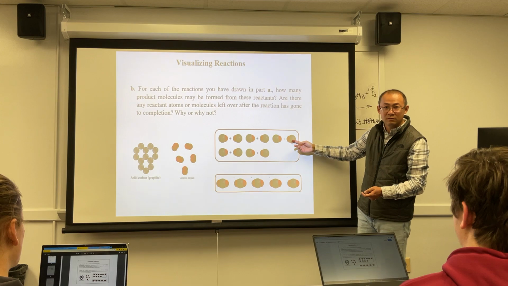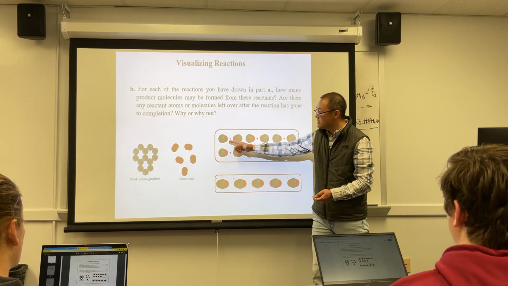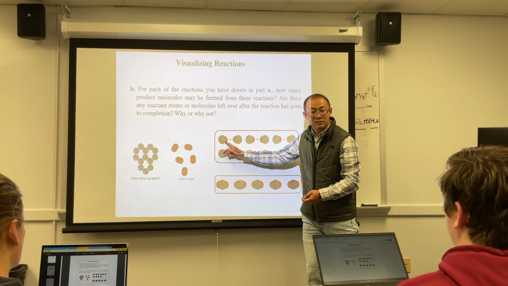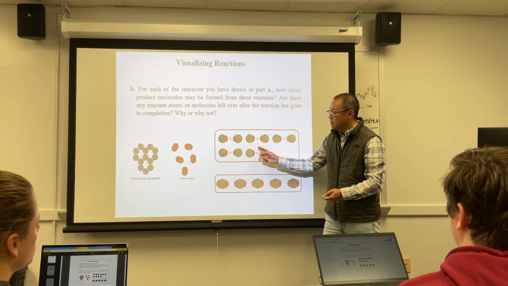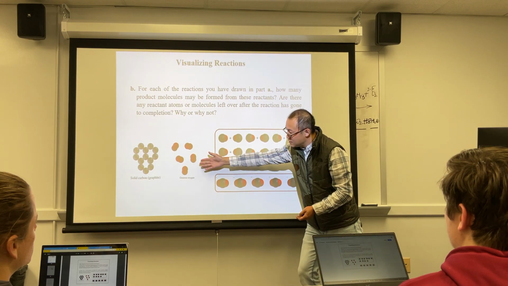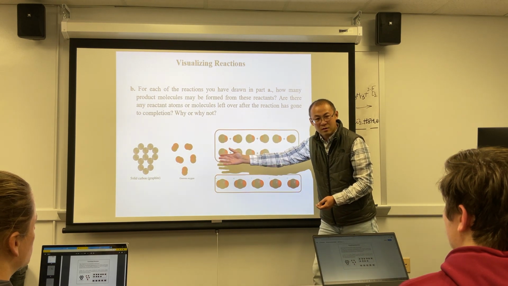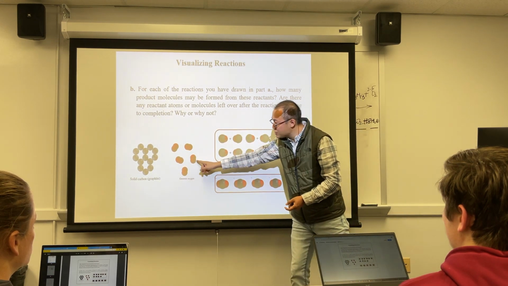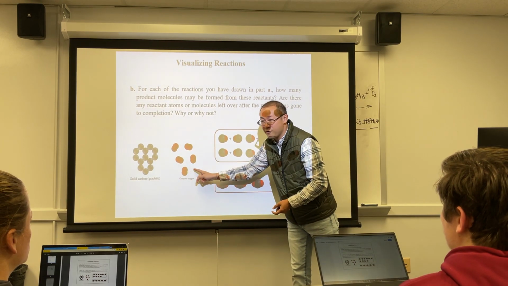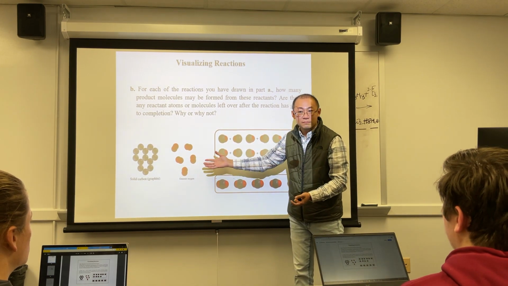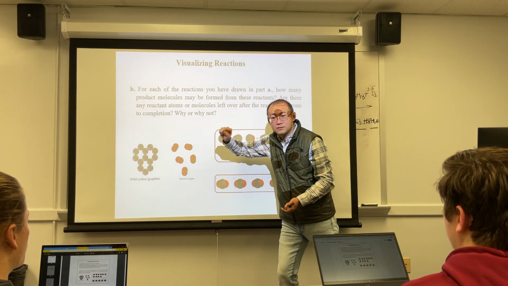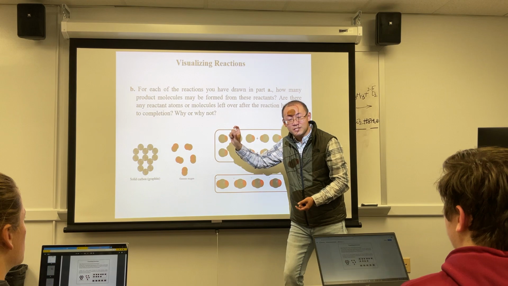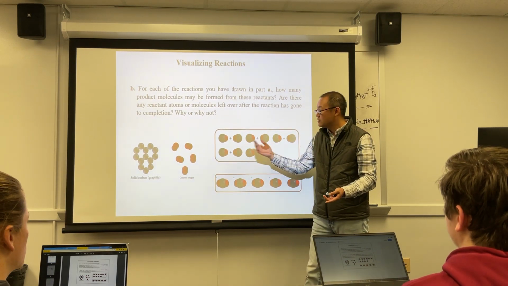What do we have here? Each carbon monoxide has how many carbon, how many oxygen? 1 and 1, right? Now, take a look at these two pictures. For oxygen, we have how many oxygen molecules here? 5. Then how many oxygen atoms do we have before we start the reaction? 10, right? 5 molecules, 10 atoms.